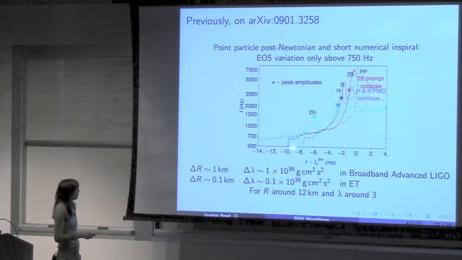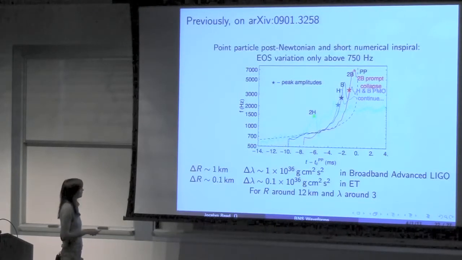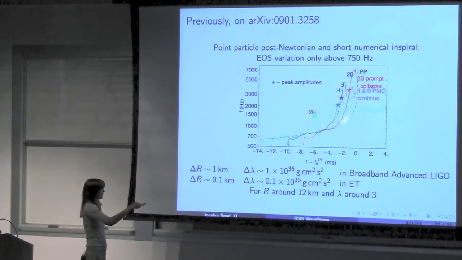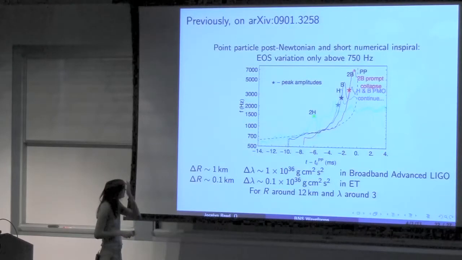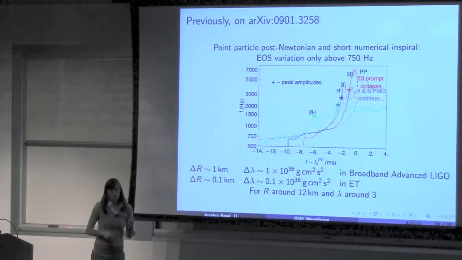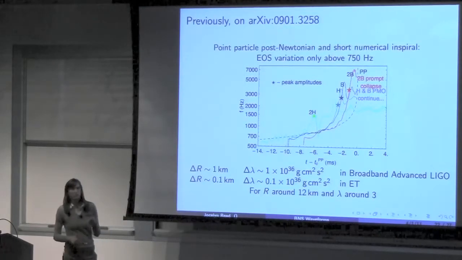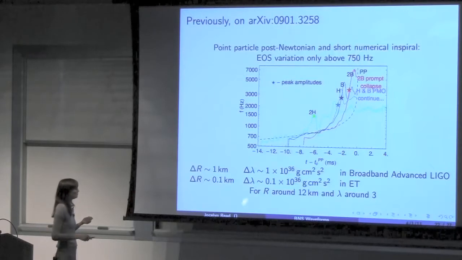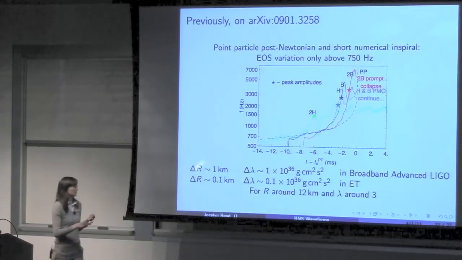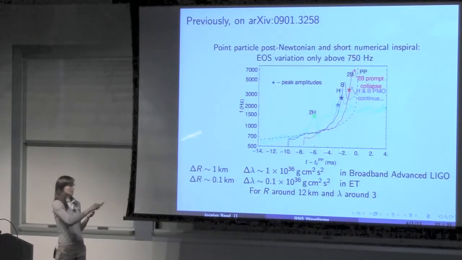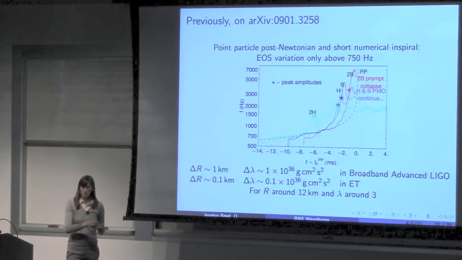So we matched everything to point particle, and we just looked at the variation from the end. So this was only really variation above 750 hertz, which was all that was possible given the start of the numerical waveforms. And we made some order of magnitude estimates, knowing that we were neglecting this whole part of the region below.